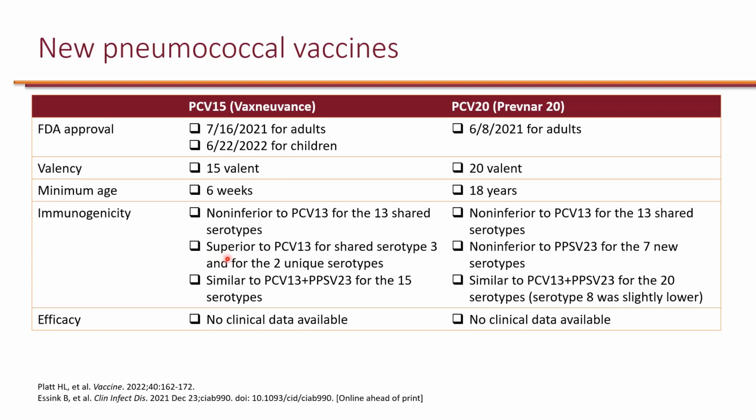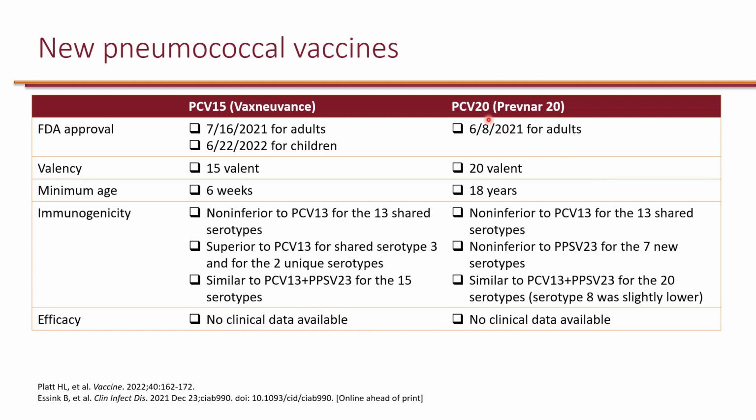Of course it has been shown to be superior to PCV13 for those 2 unique serotypes, but interestingly it also had a better response for serotype 3, which is included in PCV13. So PCV15 is immunogenically a pretty good vaccine. Now these are new, so we don't have clinical data. So is it more effective at preventing non-invasive and invasive pneumococcal disease? We just don't know yet.